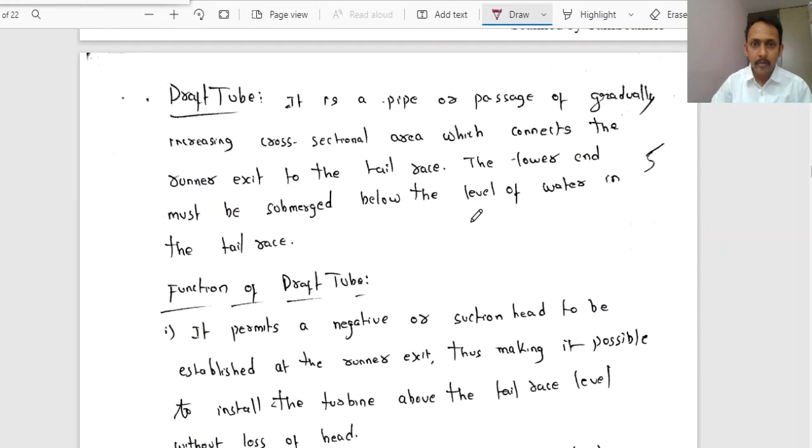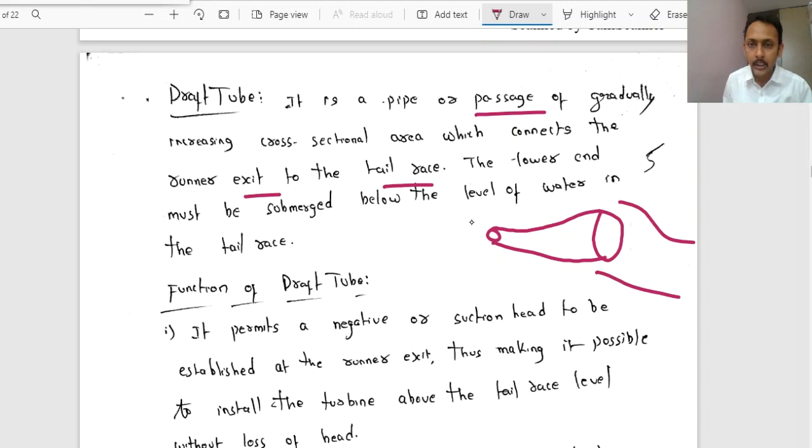Now coming to the draft tube. After water has done its useful work, the water is to be let out. It is a pipe or passage of gradually increasing cross-sectional area, which connects the runner exit to the tail race.